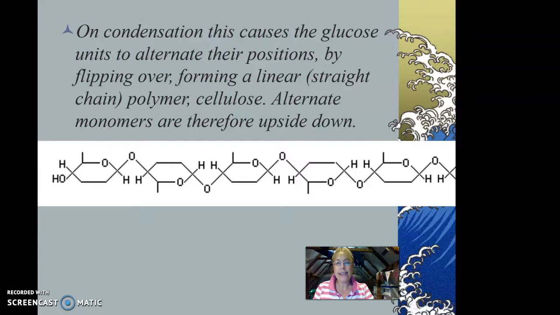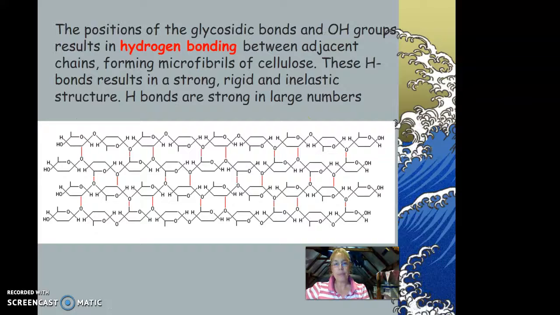Okay, and you can see that by the 6th carbon chain, that's the one that's hanging at the top, sticking out, how that has been turned over. So if I just flip this downwards, you can see how that happens. So alternate monomers are therefore upside down. Make sure that you can communicate that clearly.